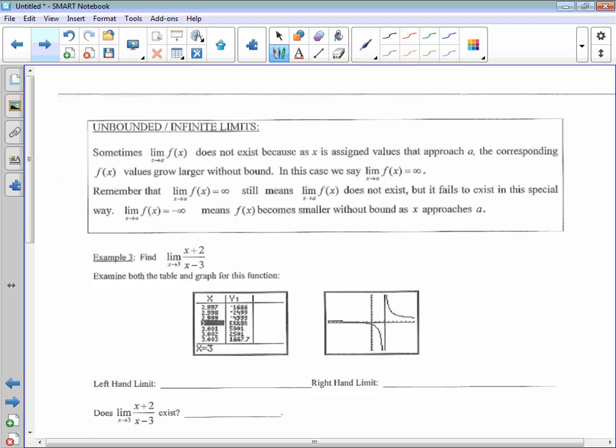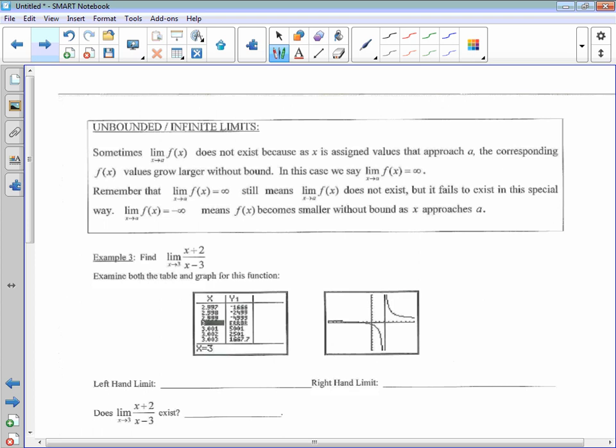Okay, we also have infinite limits to talk about. All right, so when we're talking about limits with infinity, you know you have graphs like this where you've got the asymptote and then it continues up forever.